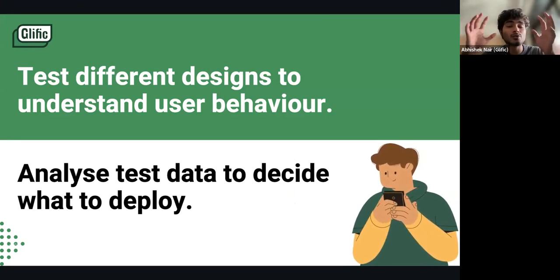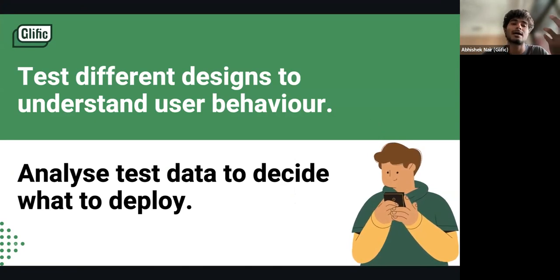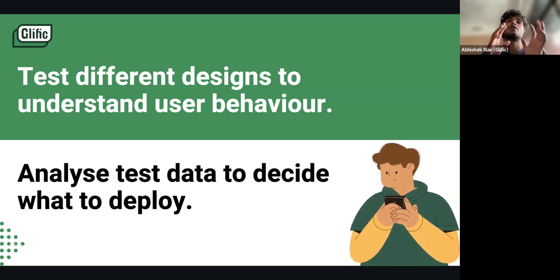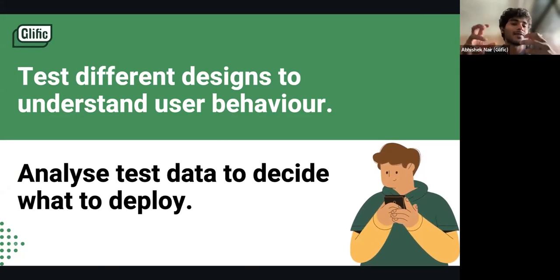Once you run this test, the aim is to analyze the data that comes in, like which users are responding with the desired behavior in which versions or designs of your flow. And using A/B testing, we're able to do that.